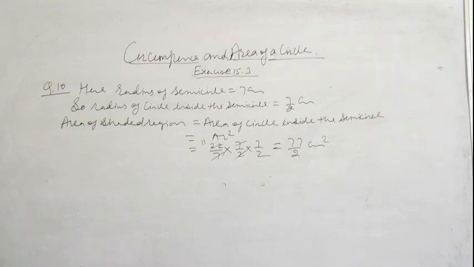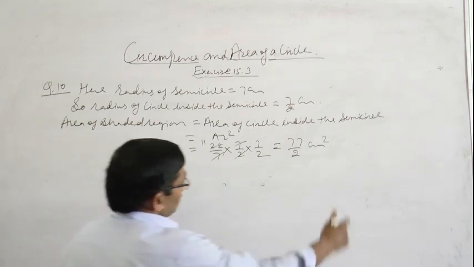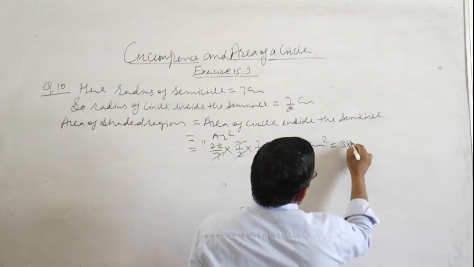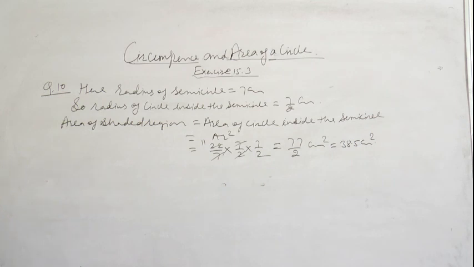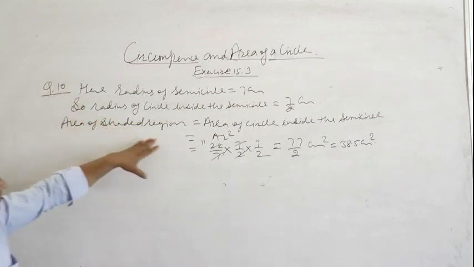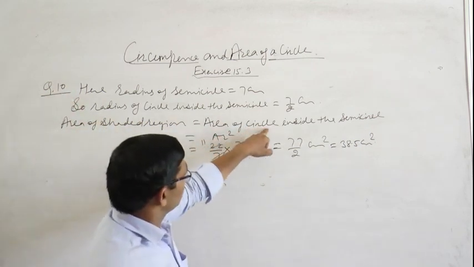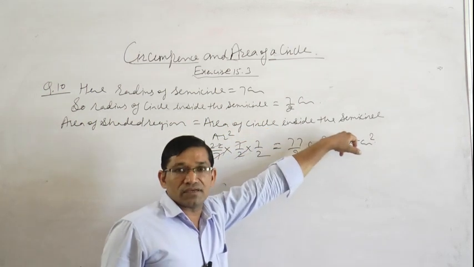We can also write 38.5 centimeter square. This is the area of shaded region. We can also say that area of circle inside the semicircle.